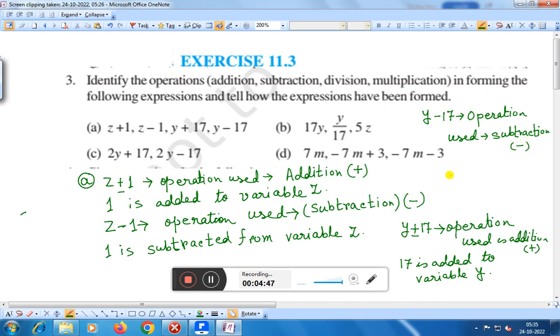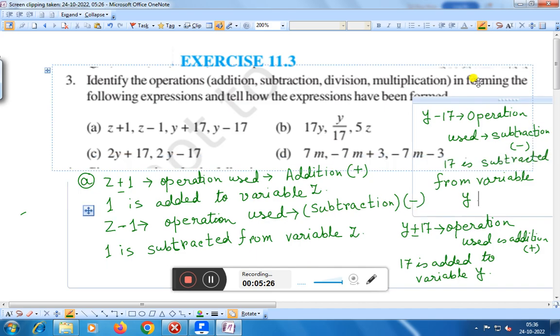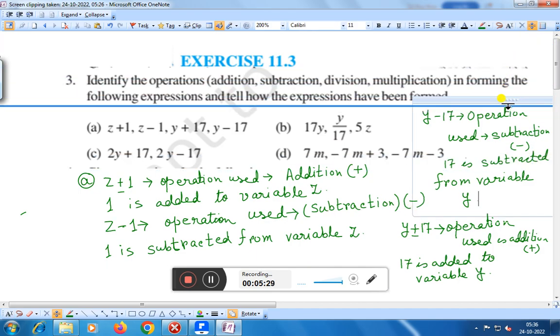And here you can see that 17 is subtracted from variable y. This is how we solve question number A. Now we'll solve question number B.